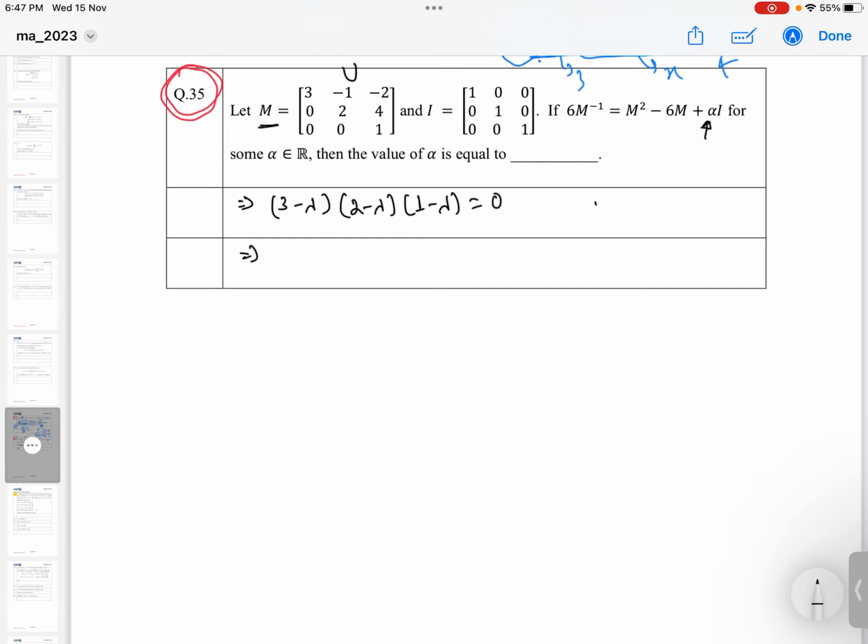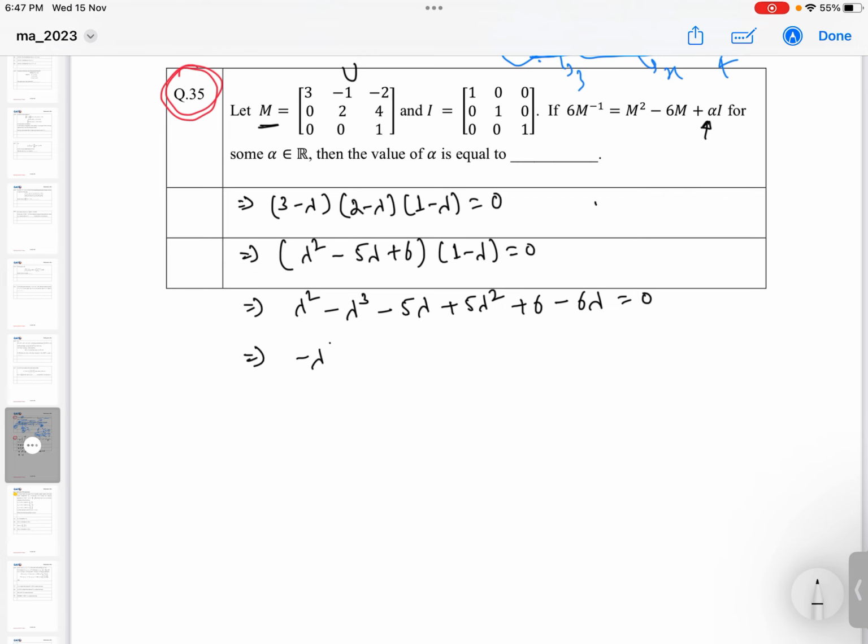Now if you multiply, what you will get is (lambda square minus 5 lambda plus 6)(1 minus lambda) is equal to 0. Now let's multiply this one too. So lambda square minus lambda cube minus 5 lambda plus 5 lambda square plus 6 minus 6 lambda is equal to 0, right?